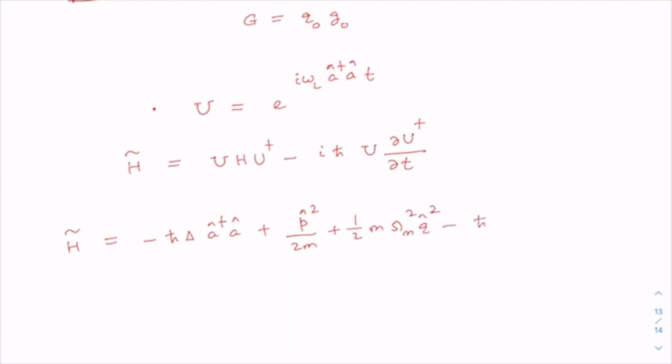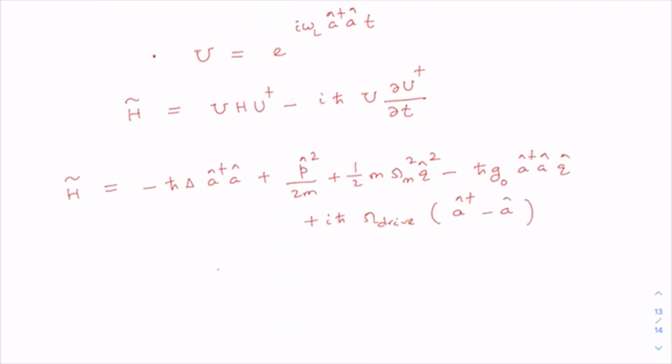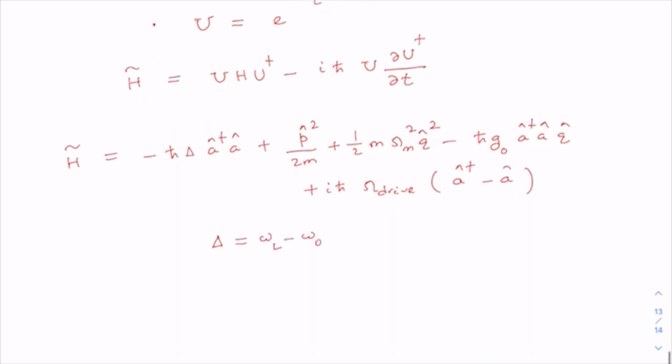Then we have minus h cross Z0 a dagger a q, and we have i h cross omega drive into (a dagger minus a). So we are now getting rid of this explicit time dependence, where delta is the detuning parameter, that is omega L minus omega 0.